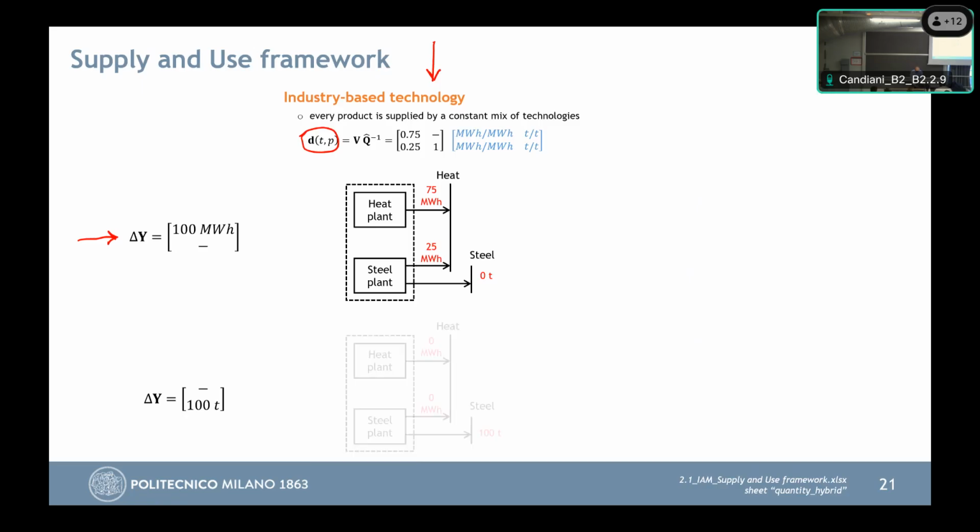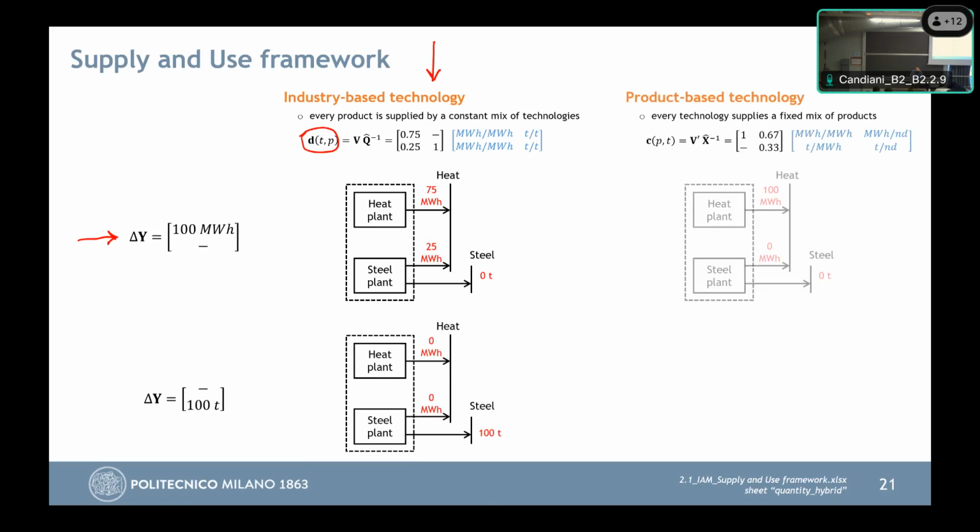Indeed, let's take now the other way around. So what happens if I'm still invoking for 100 megawatt hour of heat, but then reversing and changing the assumption? So instead of industry-based, I consider the product-based technology assumption.